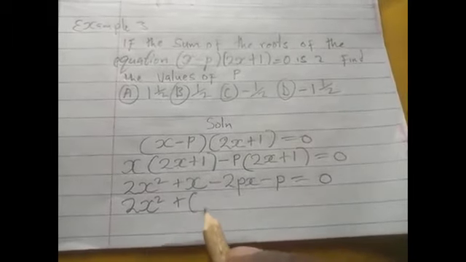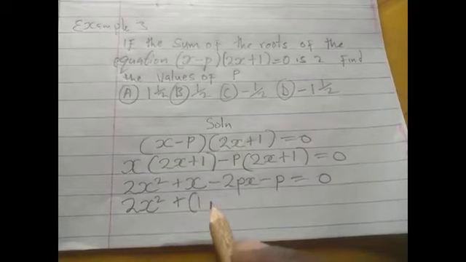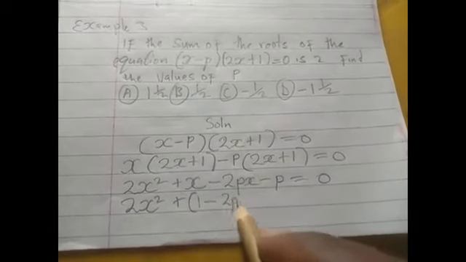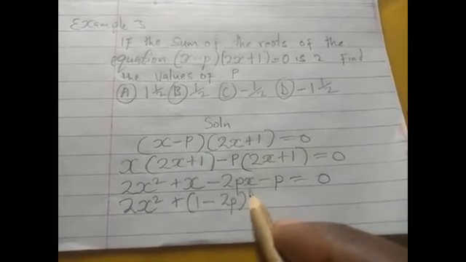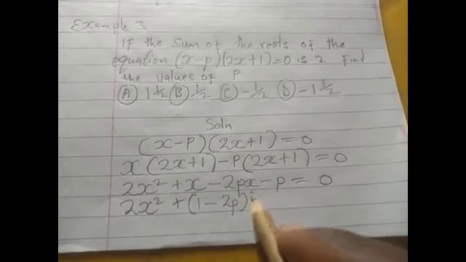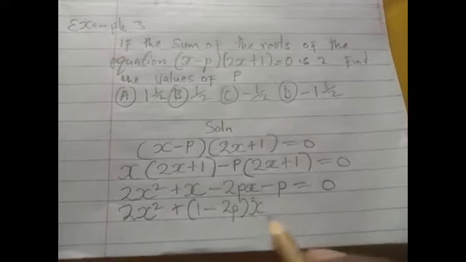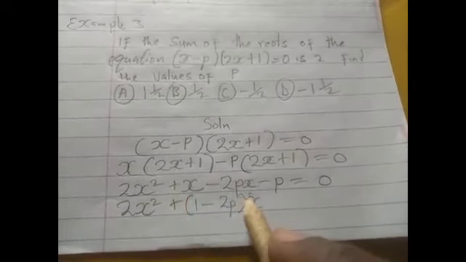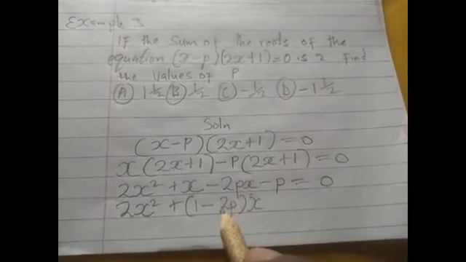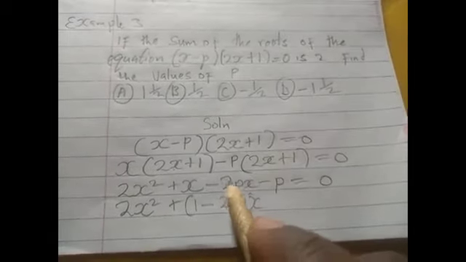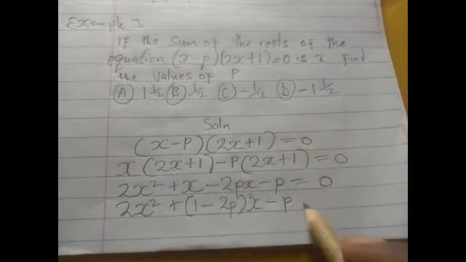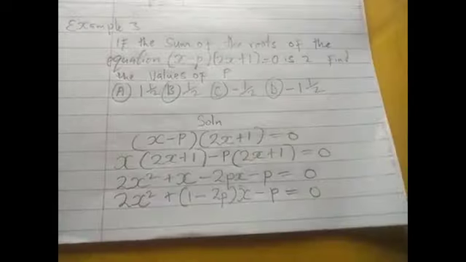We open a bracket, we say (1 - 2p), close the bracket, x, right? x times 1 will give us 1x, a positive x. x times minus 2p will give us minus 2px. So minus p is equal to 0.